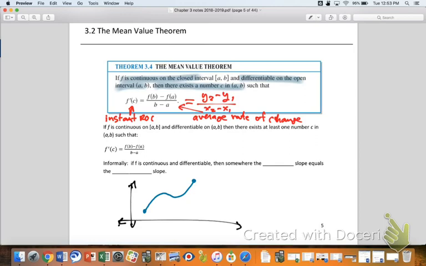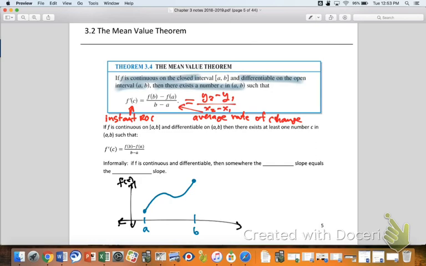This is a graph of f. I'm going to say that this is point A, and that's point B. Is this making sense as far as the setup goes? I've got a graph of f. I've got the interval A to B. Can you see how this is continuous and differentiable? At least I did my best.